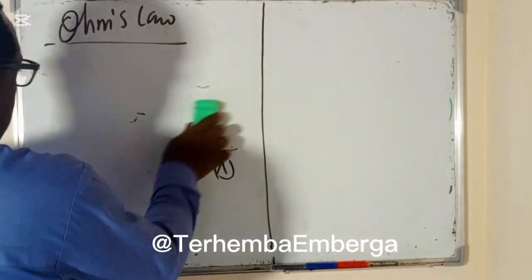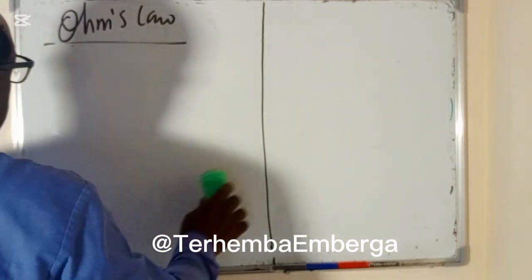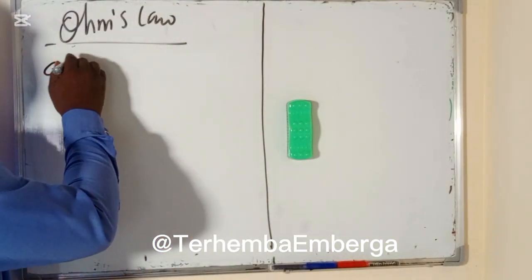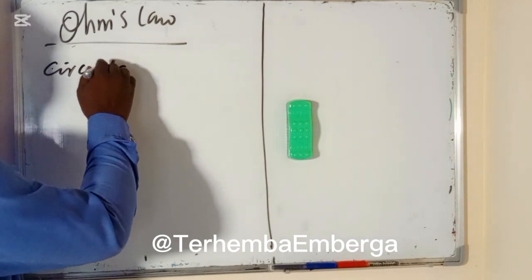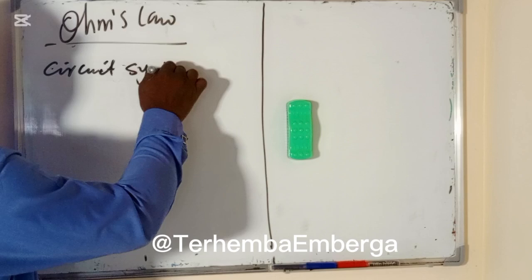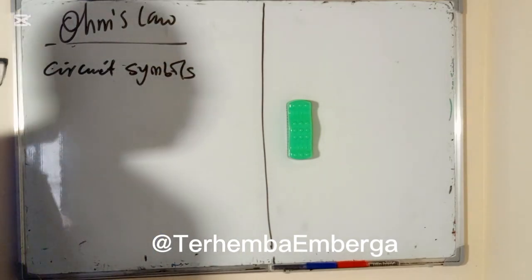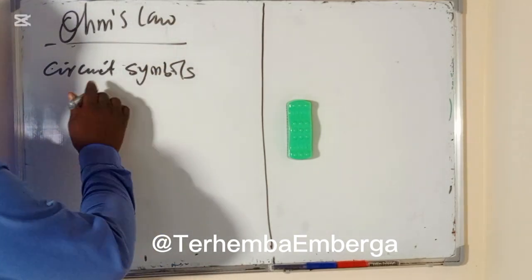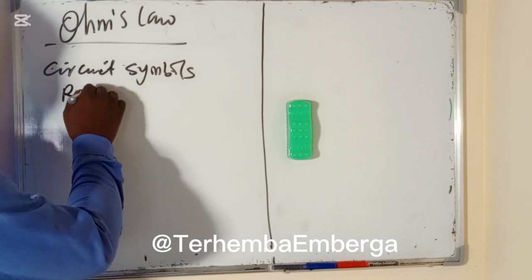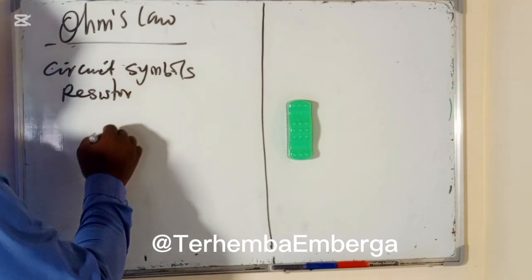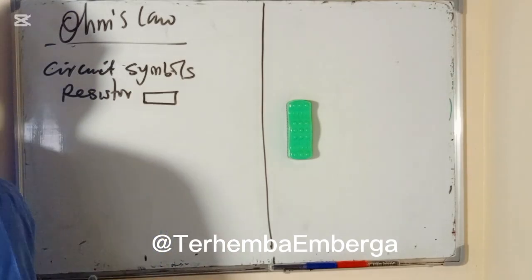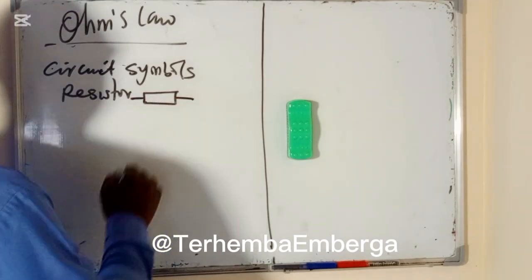But before we talk about Ohm's law, let's look at the circuit symbols. When you talk about a resistor, this is the symbol for a resistor.